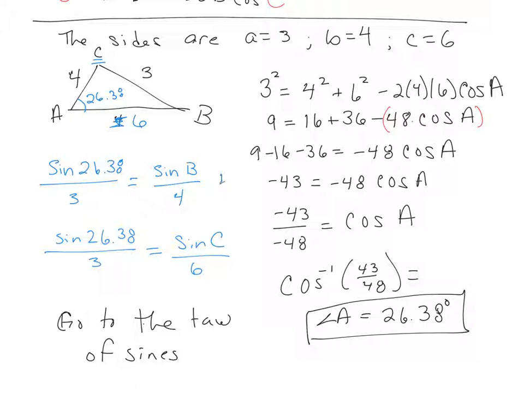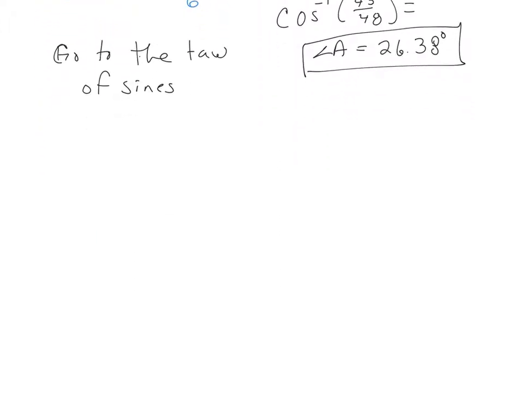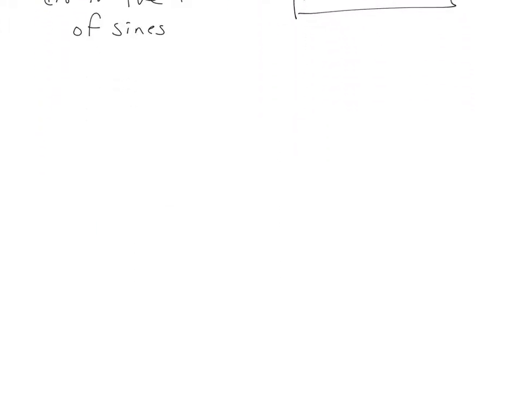The measure of angle B is going to be 36.34 degrees, and the measure of angle C is equal to 117.28 degrees.